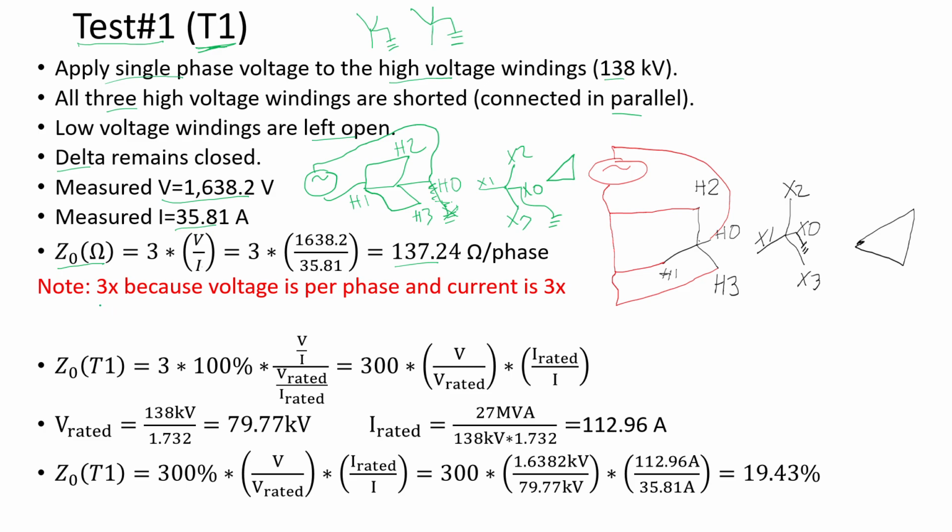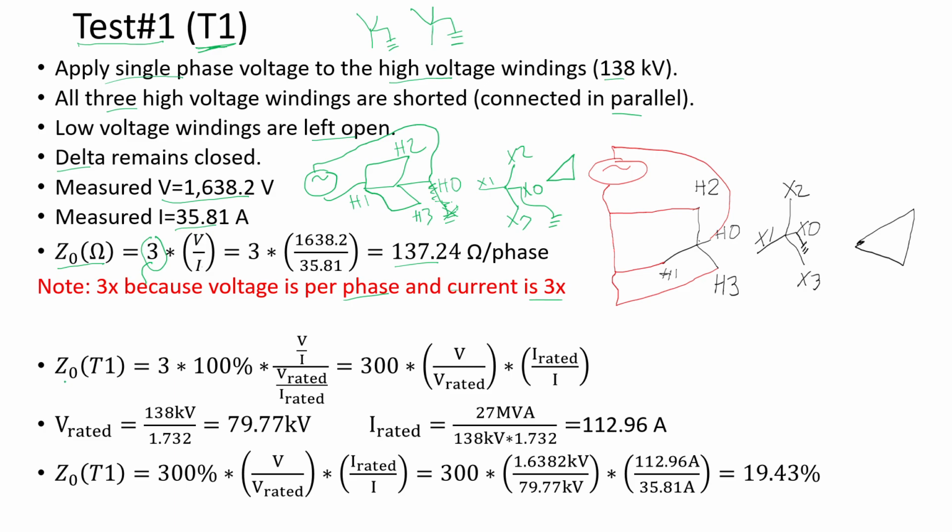Notice I multiplied by 3 here because the voltage that's applied is per phase, and the current that's measured is 3 times, because you shorted all these windings in parallel. So that's why there's this multiplier of 3.